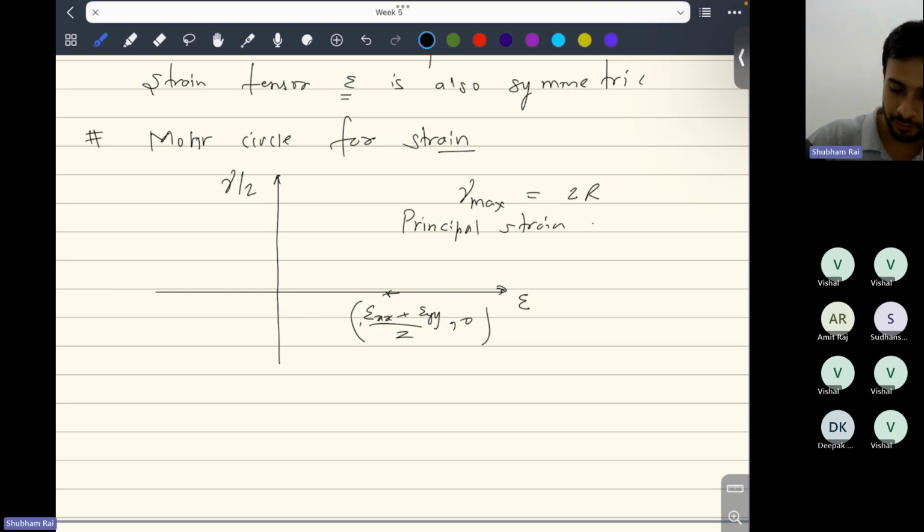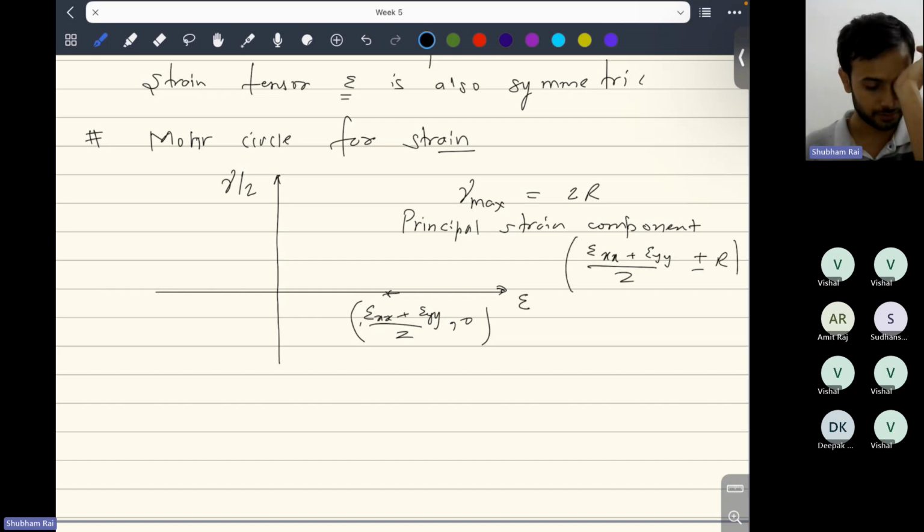Now you want to write the principal strain components. That is given by center plus minus radius, right? So the center is epsilon xx plus epsilon yy by 2, and then you have plus minus radius. This will be the value of the principal strain components.